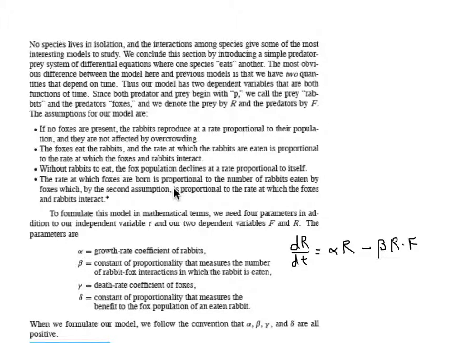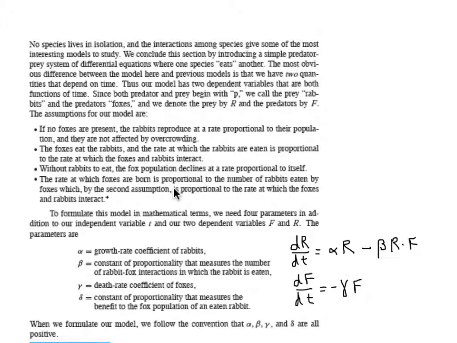The next assumption says that without rabbits to eat, the fox population declines at a rate proportional to itself. So this is exactly like a growth rate, but this is a death rate, unfortunately. The size of the fox population will decrease with some proportionality constant times the size of the fox population. However, the rate at which the foxes are born is proportional to the number of rabbits eaten by the foxes, which by the second assumption is proportional to the rate at which the foxes and rabbits interact.